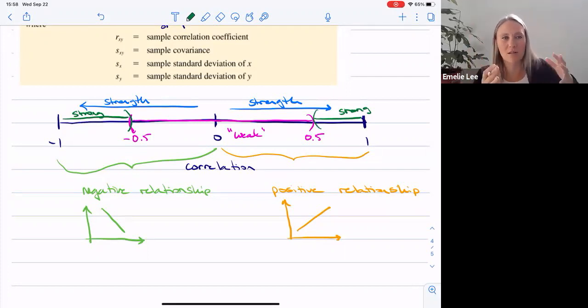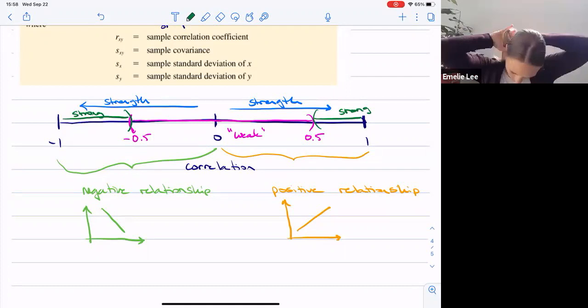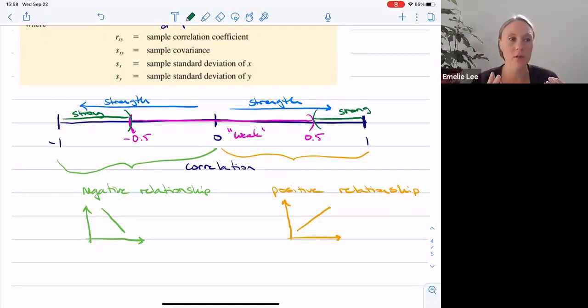It just depends on what you want to push for. And so the correlation, it's important to remember that it goes from -1 to +1, and a relationship that has a correlation of +1, for example, well, that would be where all the points are exactly on the same line, right?